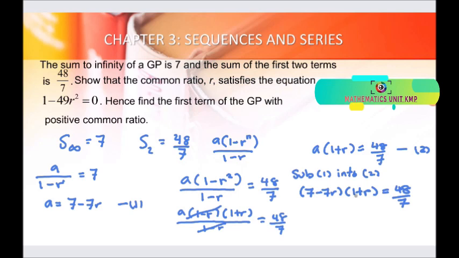We will have 7 plus 7R minus 7R and minus 7R squared equal to 48 over 7. And simplify, we'll get 7 minus 7R squared equal to 48 over 7.